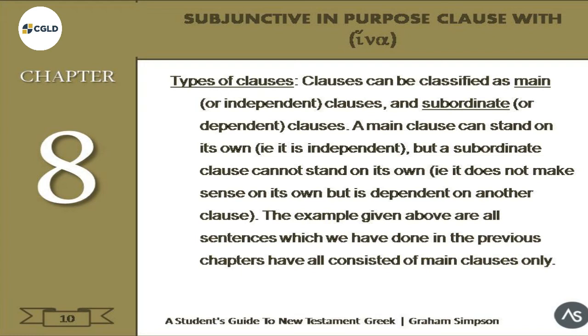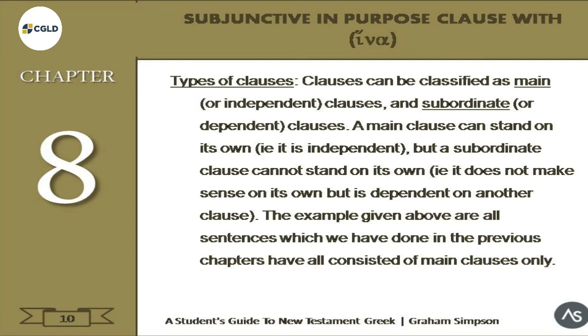Types of clauses. Clauses can be classified as main or independent clauses and subordinate or dependent clauses. A main clause can stand on its own, that is, it is independent, but a subordinate clause cannot stand on its own, which means it does not make sense on its own but is dependent on another clause.